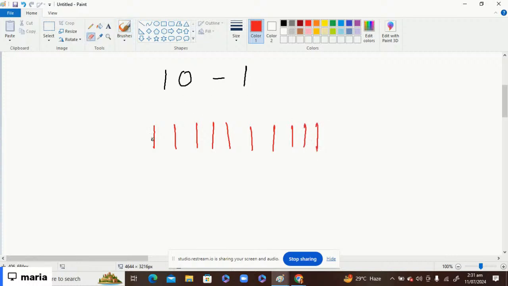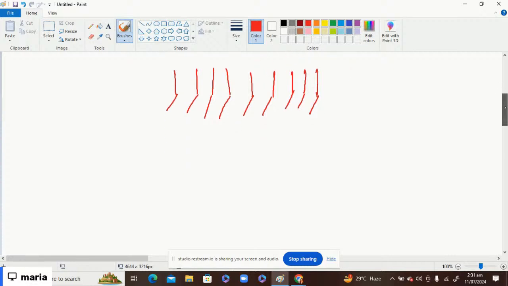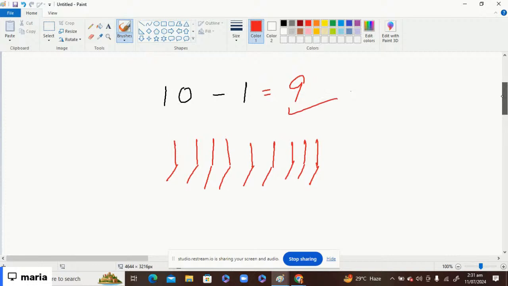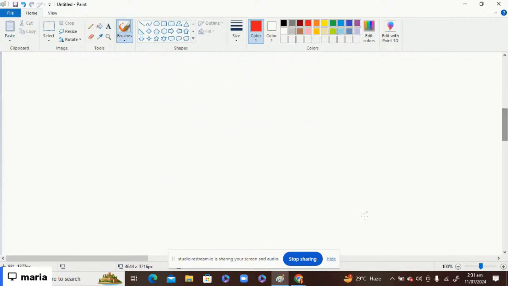So how many lines do you remove? Only one line you are going to remove. So how many lines are left? It's one, two, three, 4, 5, 6, 7, 8, 9. So 9 is your answer. Okay. Now let's do the next question. Hope you guys understand this one.